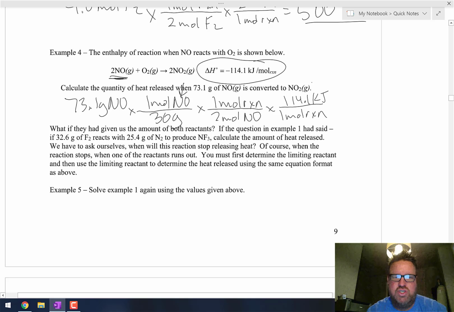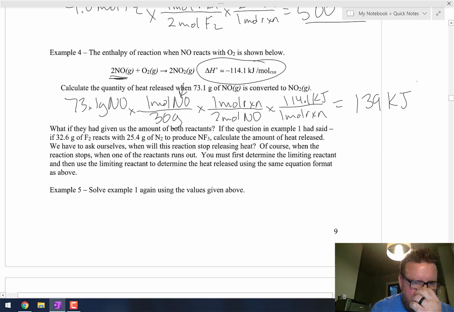And again, the question is calculate the quantity of heat released, so we want our answer to be positive. 73.1 divided by 30 divided by 2 times 114.1 equals 139 kilojoules of heat would be released.